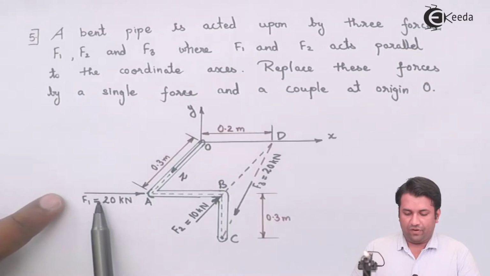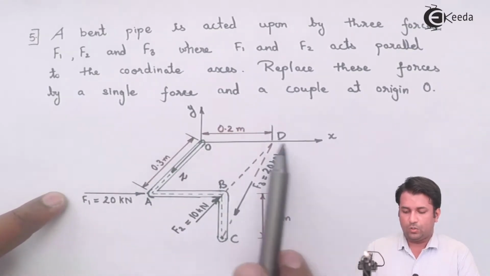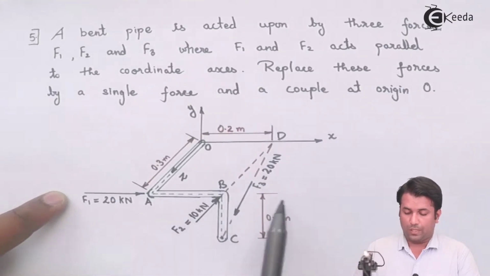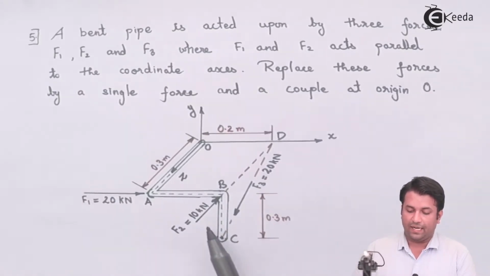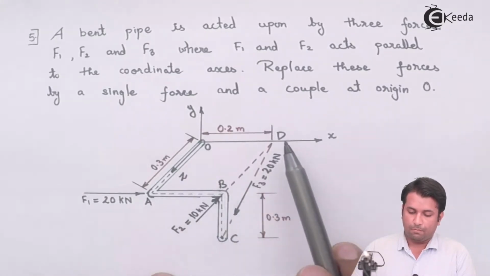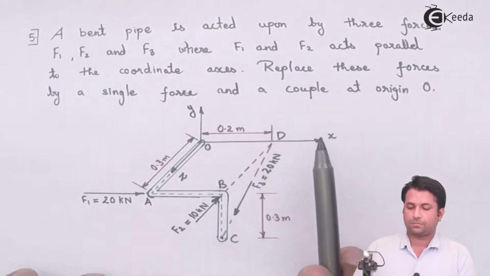That is, F1 is parallel to the x-axis towards the positive side, and F2 is parallel to the z-axis but on the negative side.